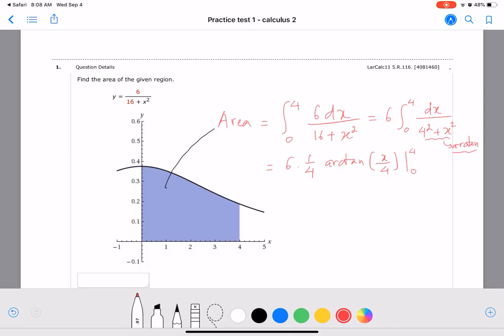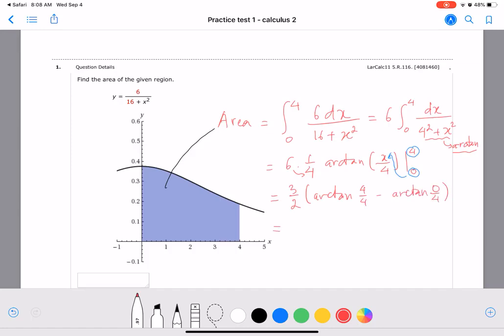So you just need to plug 4 and 0 into x. Then this is equal to 3 over 2, because 6 over 4 is 3 over 2, times arctangent of 4 over 4 minus arctangent of 0 over 4.